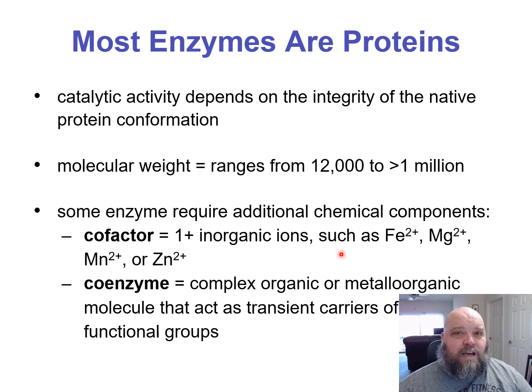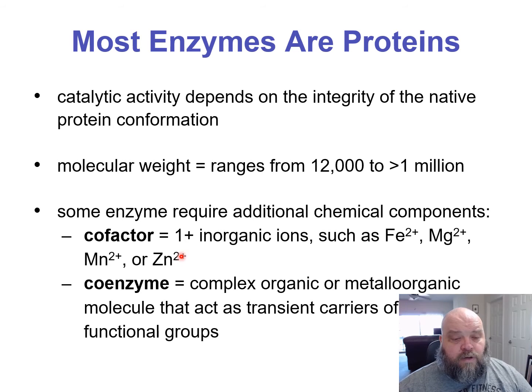Think of the past chapter, where we were looking at hemoglobin and myoglobin. The porphyrin ring itself doesn't do anything without that iron at the center of it interacting with gaseous oxygen. So that iron is acting as a cofactor. That metal is needed at the center of, or somehow associated with, the protein or polypeptide, so that the protein polypeptide can have a function.